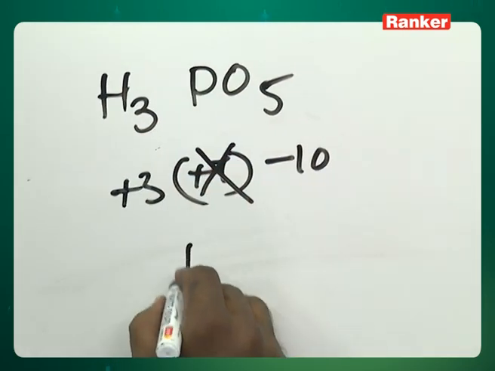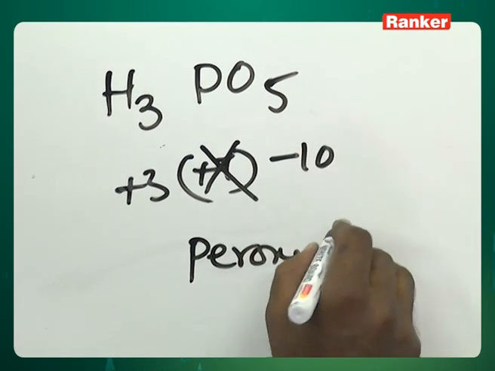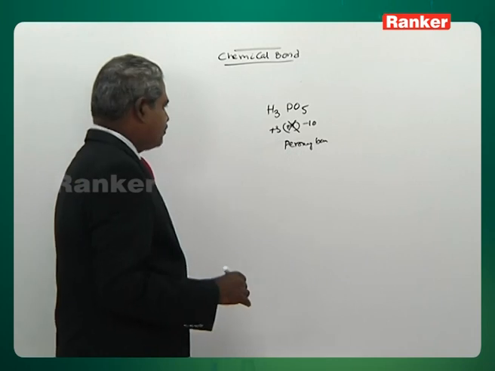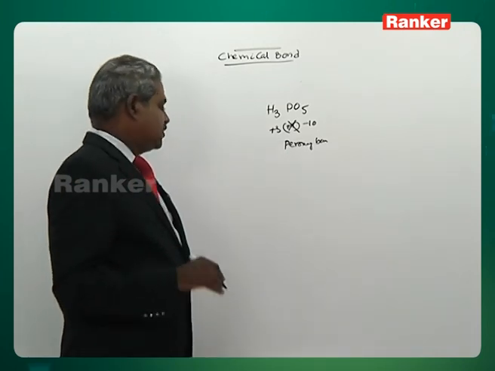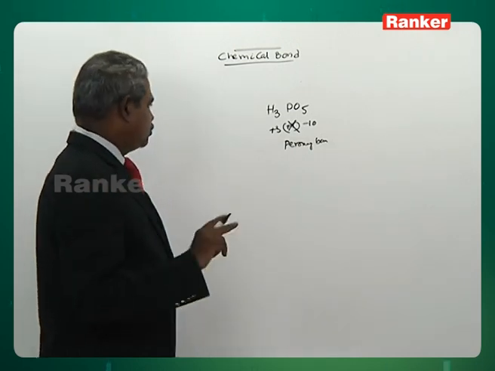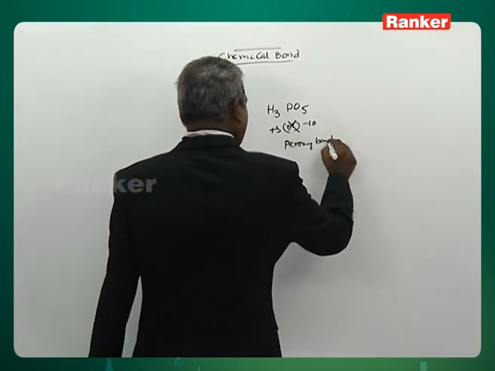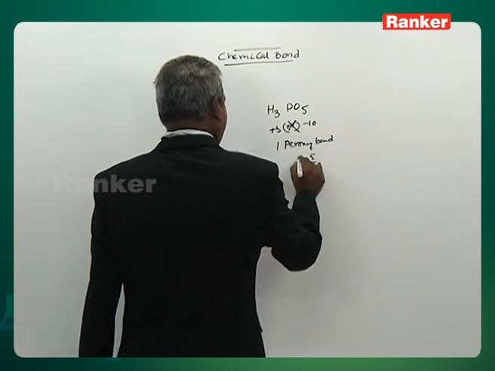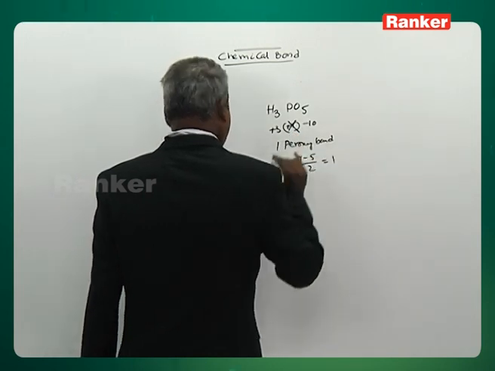Plus 7, therefore, it contains a peroxy bond. How many? 7 minus 5 by 2. Impossible is 7. The demand for electrons is 7, but phosphorus can meet a demand of 5 only, maximum of 5. So, 2 by 2, 1 peroxy bond. Impossible minus maximum, divided by 2.